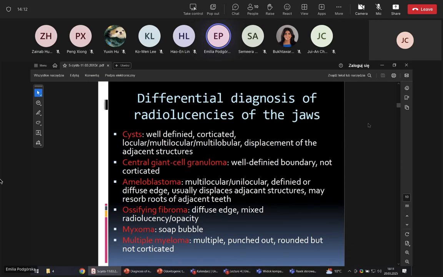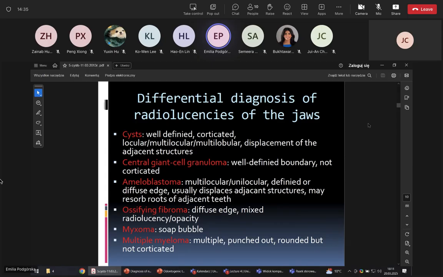Differential diagnosis of radiolucencies of the jaw. Cyst: well-defined, corticated, unilocular or multilocular, displacement of the adjacent structures. Central giant cell granuloma: well-defined, not corticated.